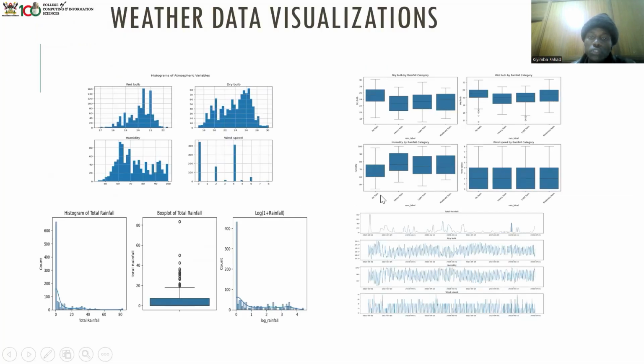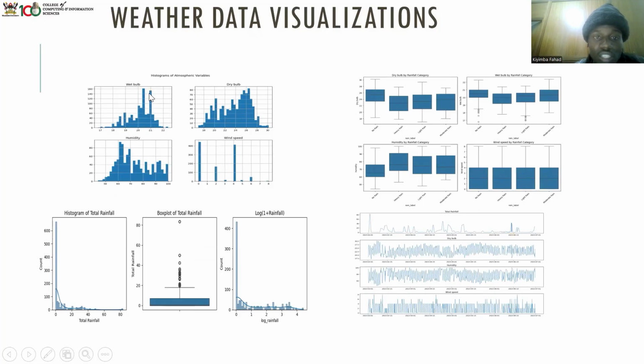When we visualize the weather data after the pre-processing, we had more specs of wet bulb at 21. They occurred many times, over 160. The same applies here: you can see 21 and around 23 were recorded many times.